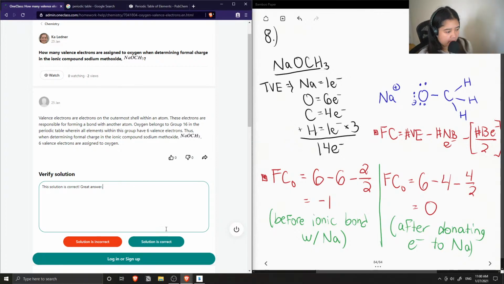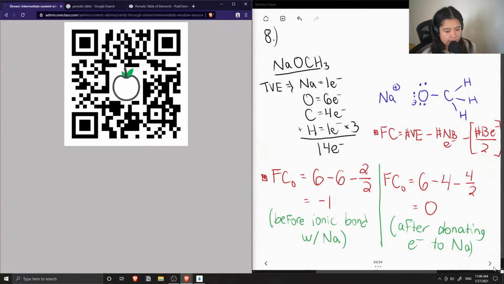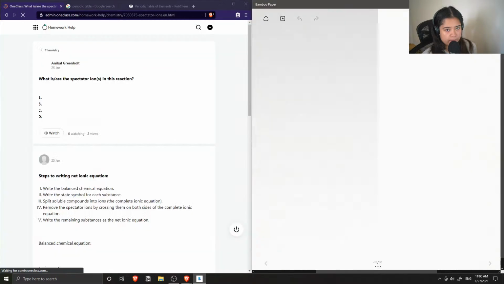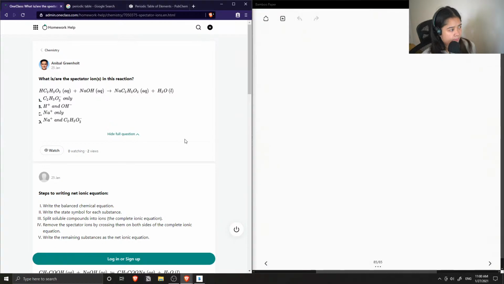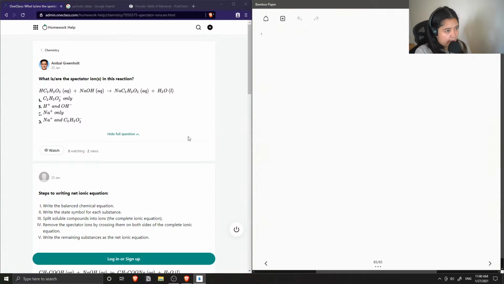Okay, so now I believe we are on question number 9. What are the spectator ions in this reaction? Okay, so we have HC2H3O2, which can also be written as acetic acid.